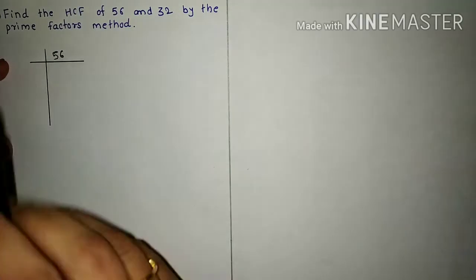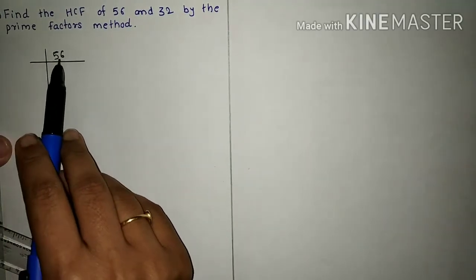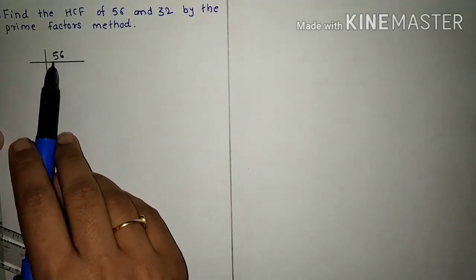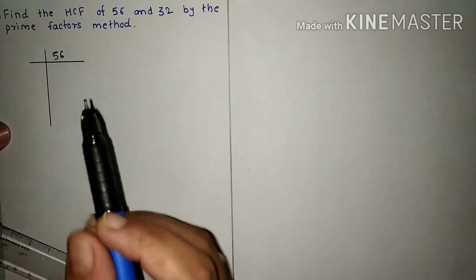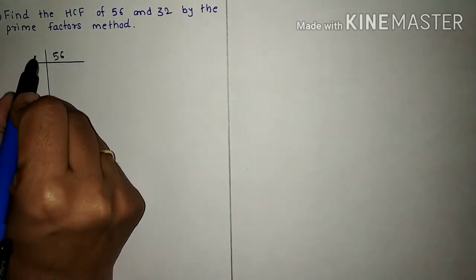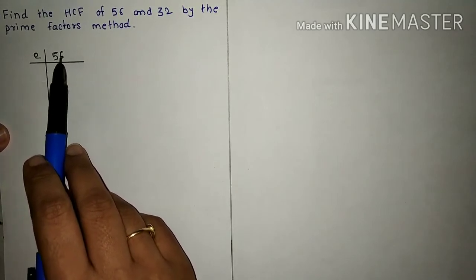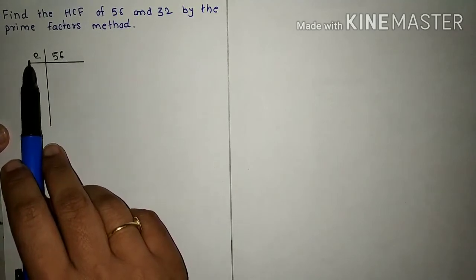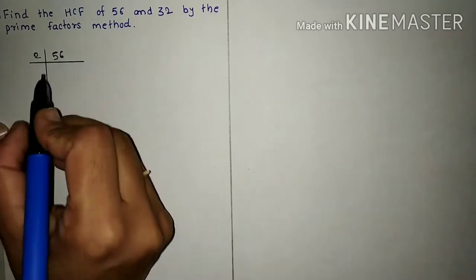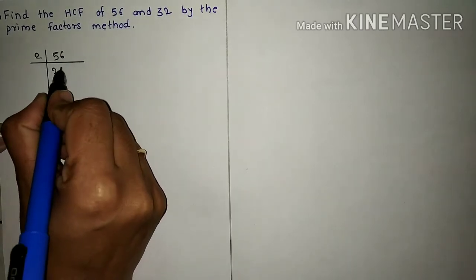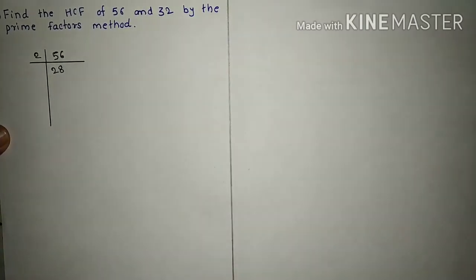Okay, 56 is divisible by which prime number? 2. Okay, therefore here we write 2. When we divide 56 by 2, then we get 28. So write here 28.